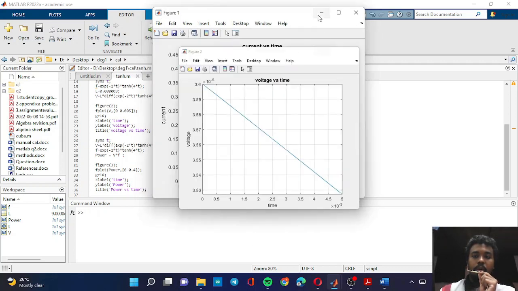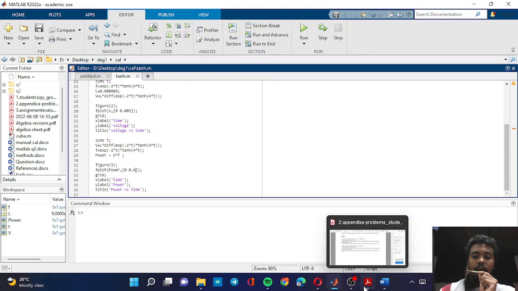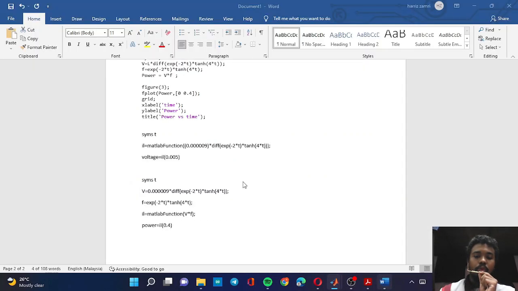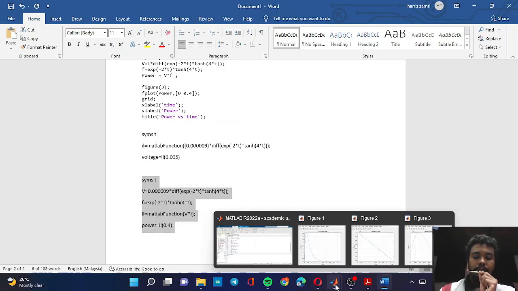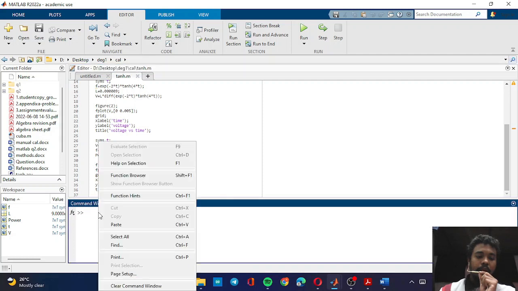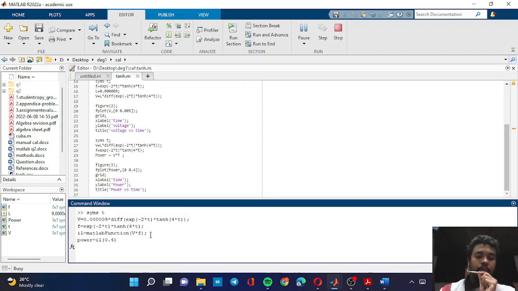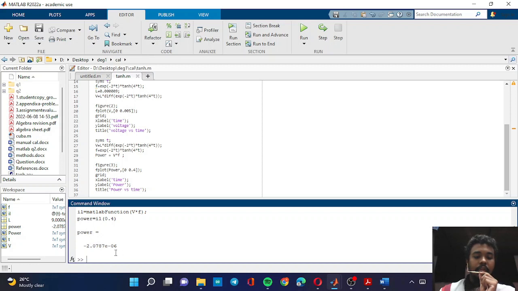If you want to code the equation for when t equals 0.4, it is like this. I already done it, and I put it in the command window, and it will show the same output as I showed you on the graph. This is the output, negative 2.0787 e negative 06.